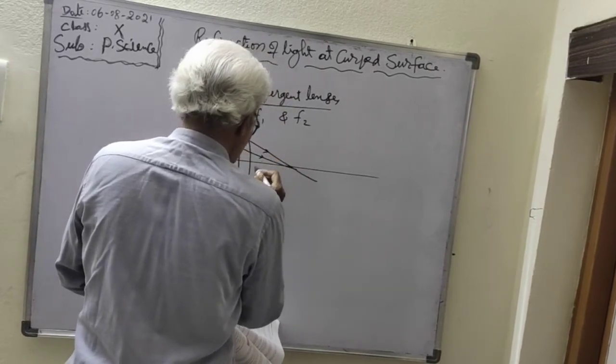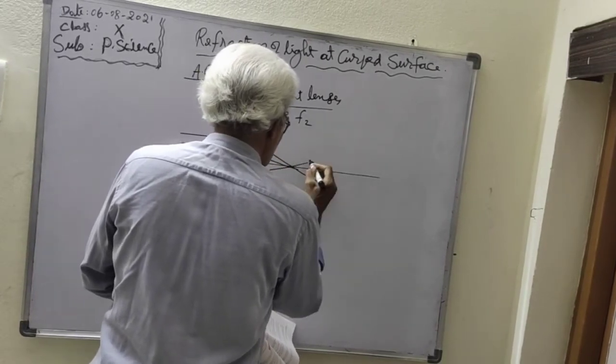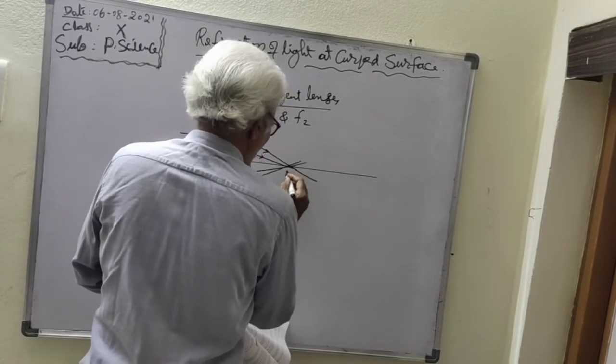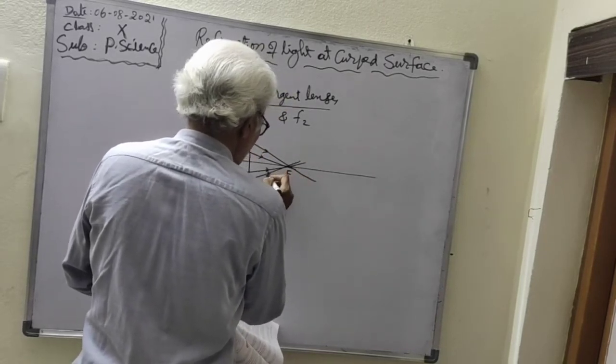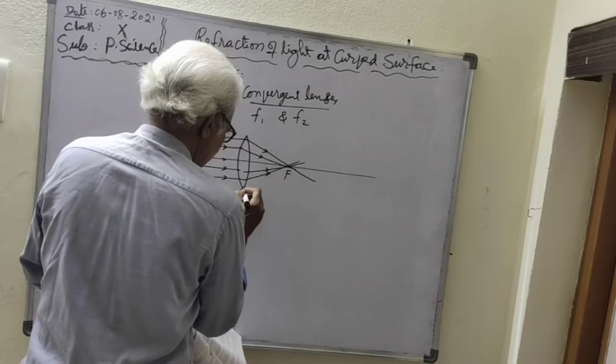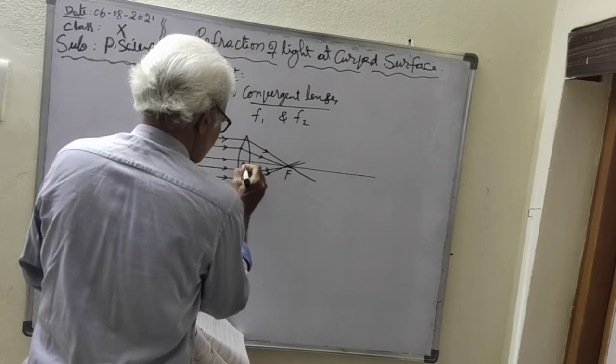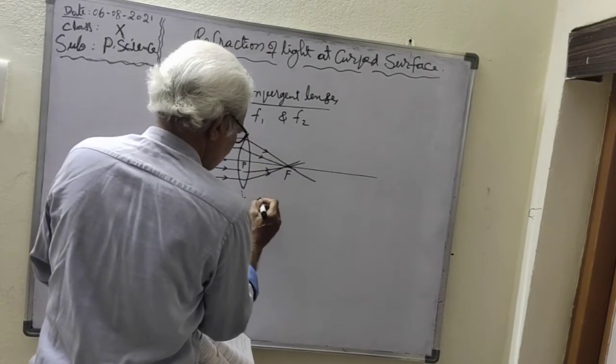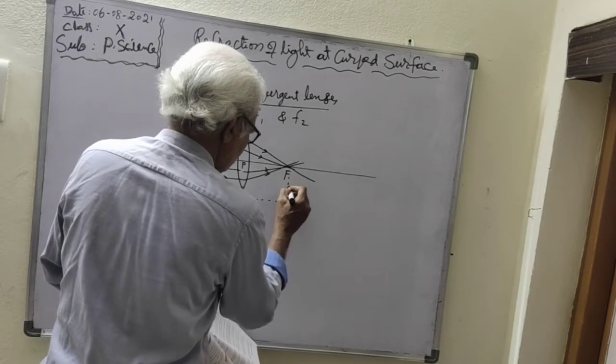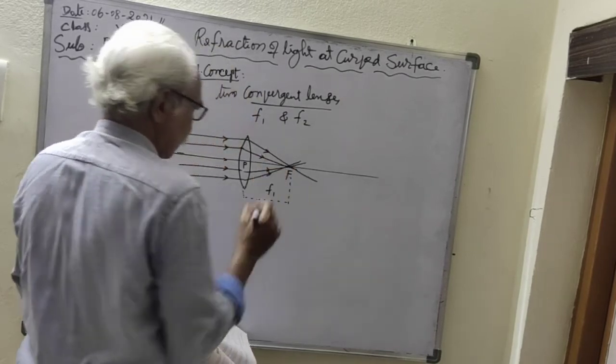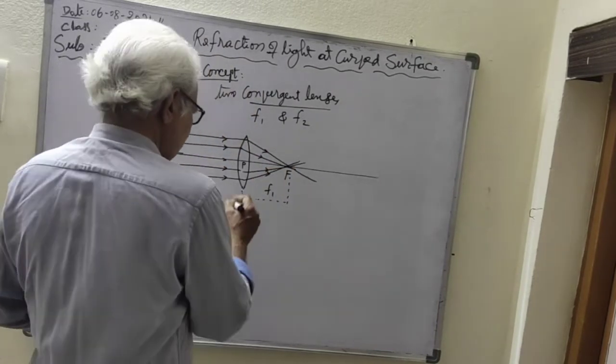We know that the point is called focus, and here this is the optic center, and this distance is called focal length f1. So this is lens 1.